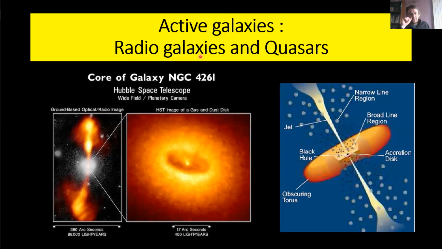Often this stuff is in the radio. Why is it in the radio? Well, it's a violent event. We would expect it to be X-rays, gamma rays. This is when it happens nearby. But if it happened very far away, what happened with this light? Of course, it needed to travel and the space expanded. That means we get this expansion redshift that is associated with the expansion of space with time.